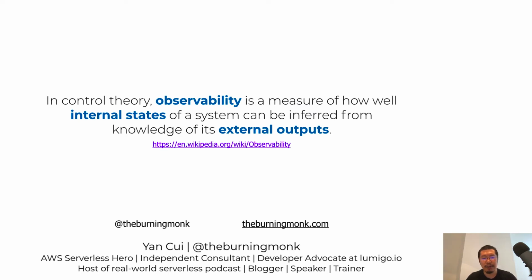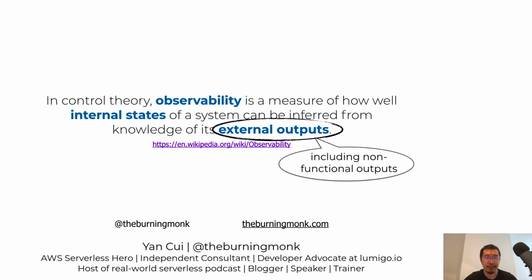And in control theory, observability is a measure of how well the internal state of a system can be inferred from the knowledge of its external outputs. So this is the important bit here. These external outputs can include your logs, your metrics, or traces that you are publishing from your application.